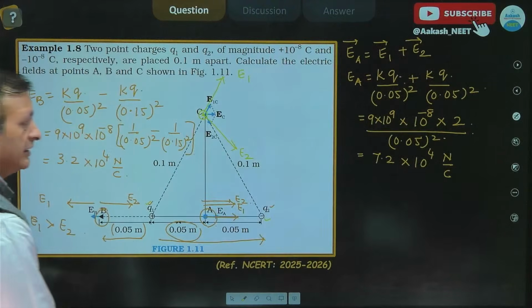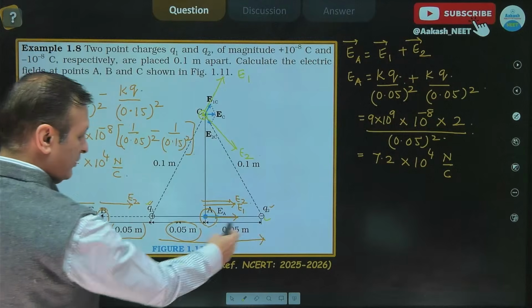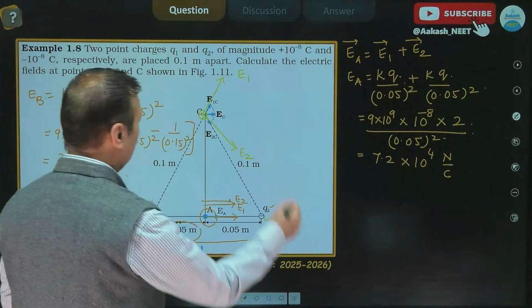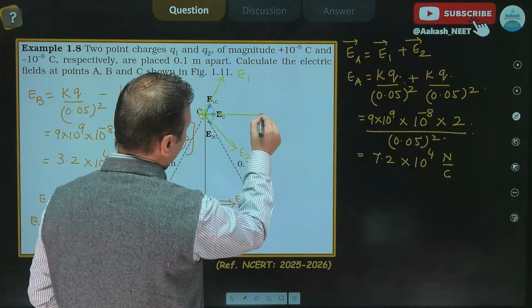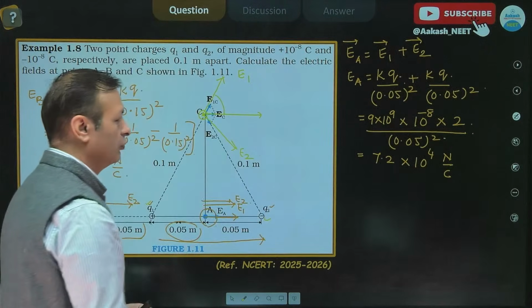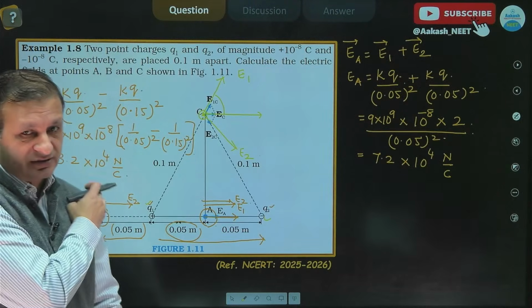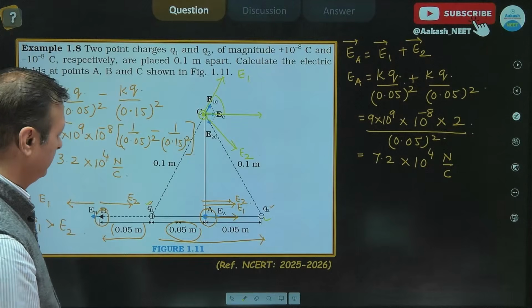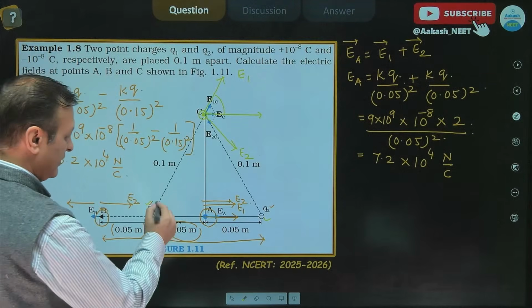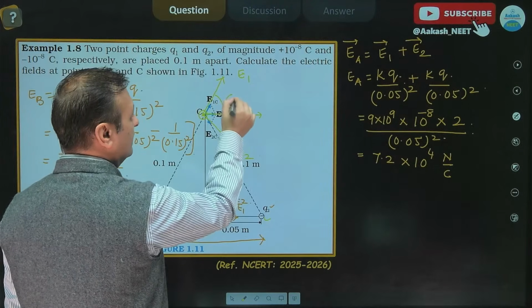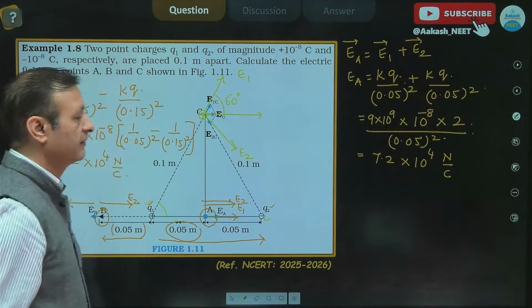But E1 and E2 are different for point B because of the difference in the separation. So now if you split this E1, what would this angle be? Can you give me this angle? We can find out this angle. So this is 60 degrees, pi by 3.